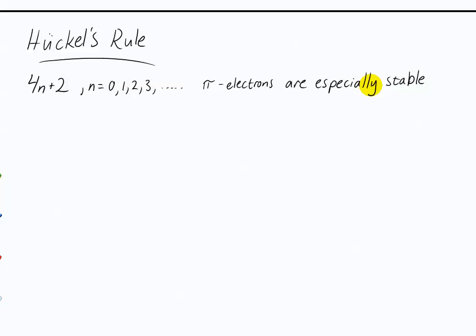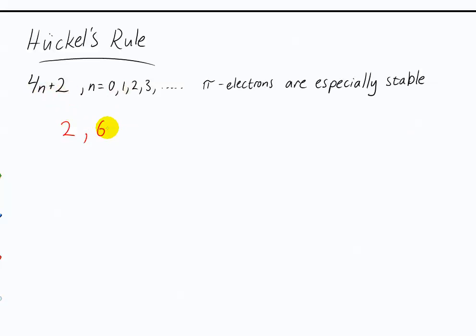And let's think about what those numbers are. So if n equals 0, 4n plus 2 is what? 2. So a molecule that has this sort of ring with 2 electrons, and we'll talk about what that means exactly in a second, is going to be especially stable. What's the next number? 6, because when n equals 1, 4n plus 2 equals 6.